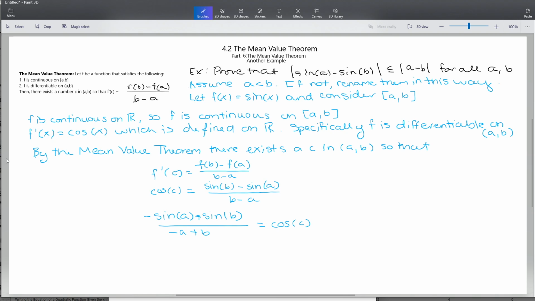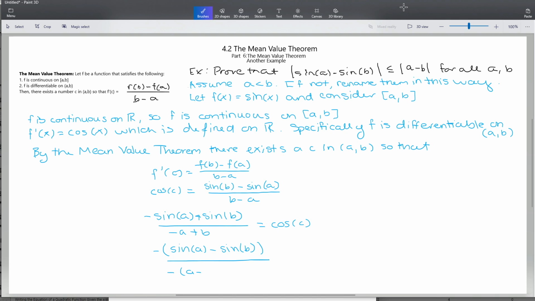So what that means, I'm going to factor out a negative 1. So I have sine A minus sine B over minus B minus A. I'm sorry, A minus B. That's the whole reason I switched them.